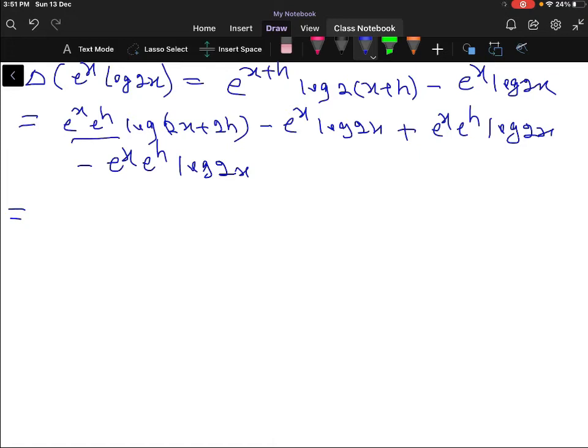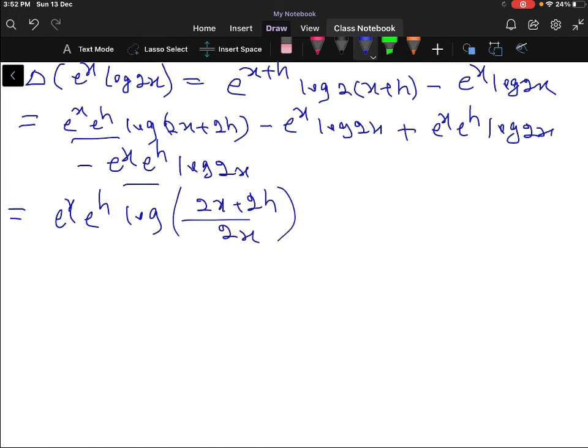This is equal to, first term and last term can be written as e power x into e power h log of 2x plus 2h minus log of 2x, that can be written as log of 2x plus 2h by 2x, by using log a minus log b is log of a by b.